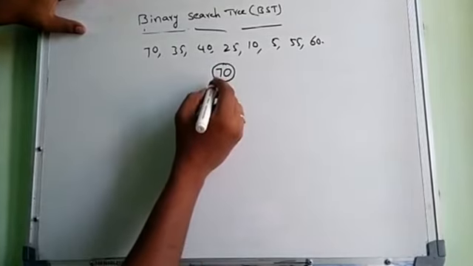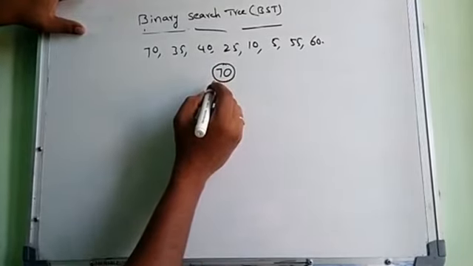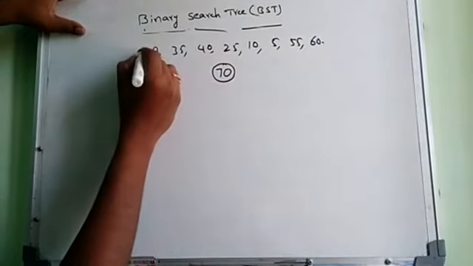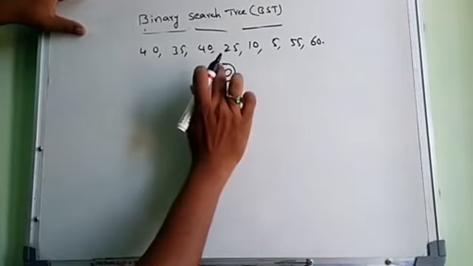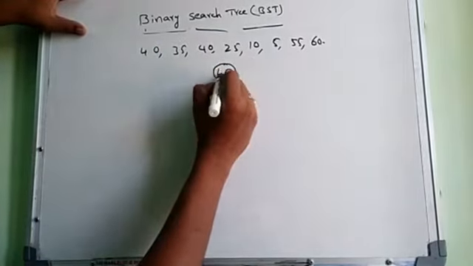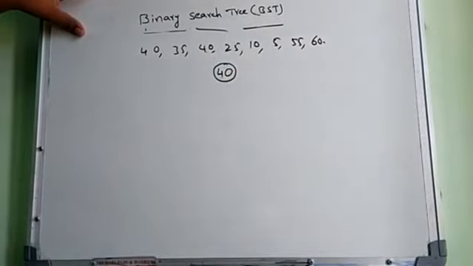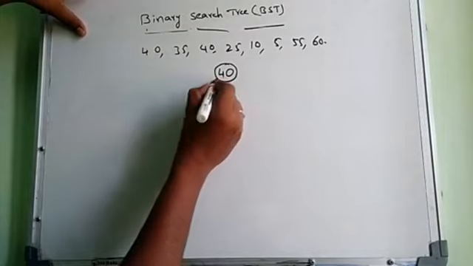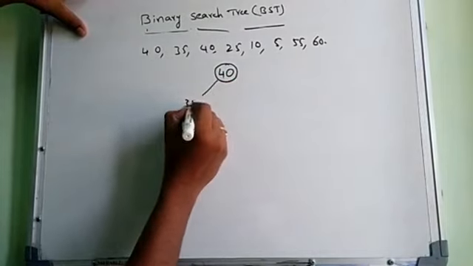then 35 is... better to take 40. So take the 40. Okay. Then 35 is less than 40, so we can add it on the left.